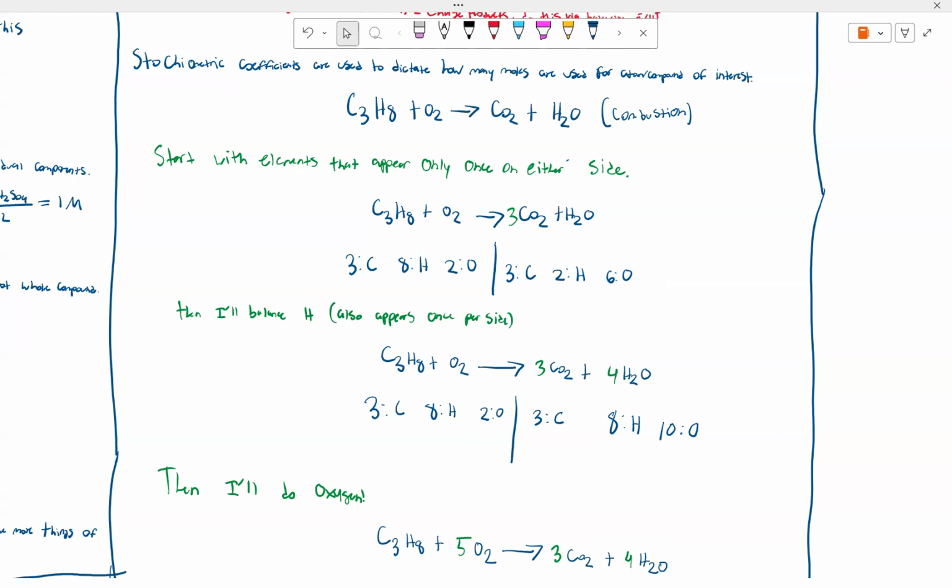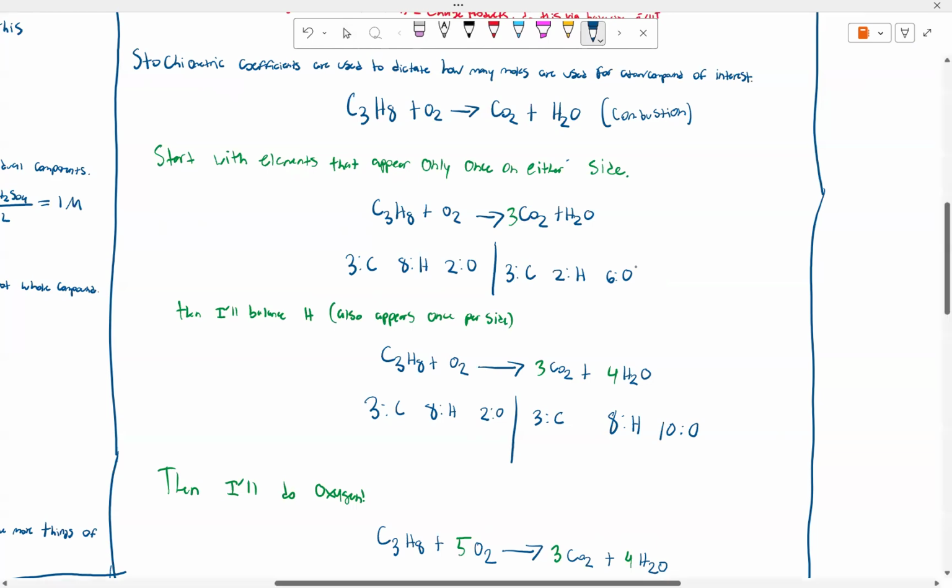So what only appears once? It's not going to be oxygen; I'm going to save that for last. First I'm going to look at carbon. It could also be hydrogen, since that only appears once on either side, but in this case I just chose carbon.